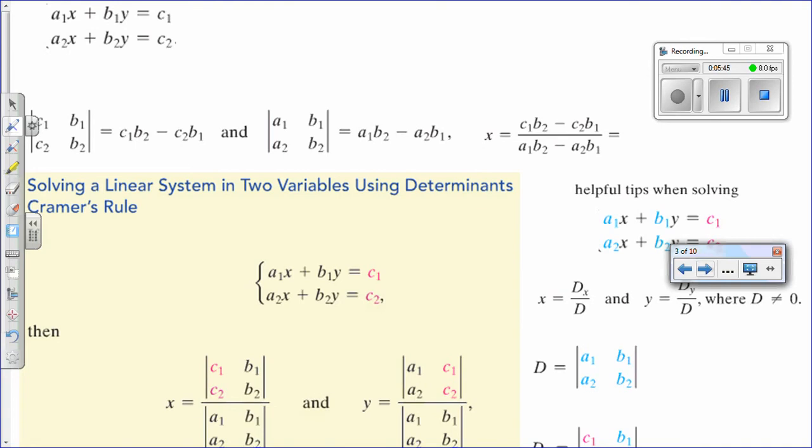So now, one of the uses of determinants is to solve systems, of course. And so let's see how this will work. Now, consider the system that you see here. For the coefficients, we have A1, B1 for the first equation, A2, B2 for the second equation. The constant terms are C1 and C2.